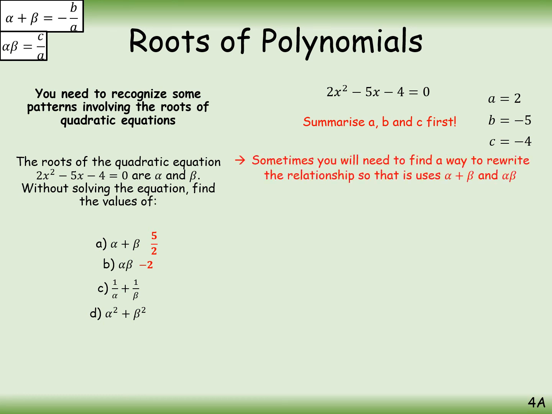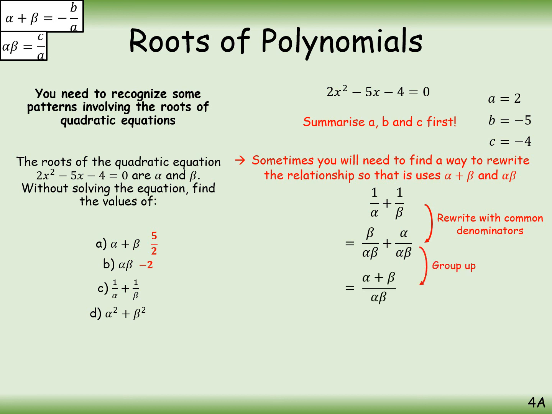Sometimes you want to find a way to write the relationship so that it uses alpha plus beta and alpha beta. Take 1 over alpha plus 1 over beta. If you give this a common denominator, as you usually do with normal fractions, you could write this as beta over alpha beta plus alpha over alpha beta. Here you just diagonally multiply to give the common denominator.